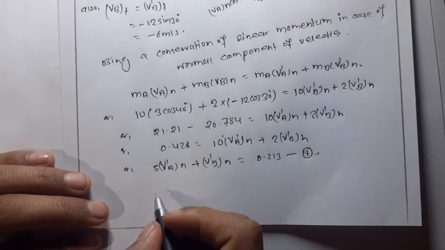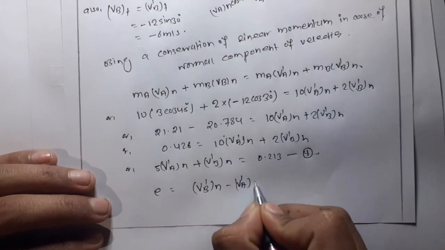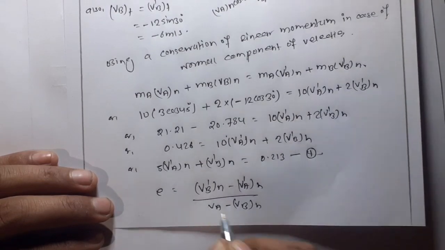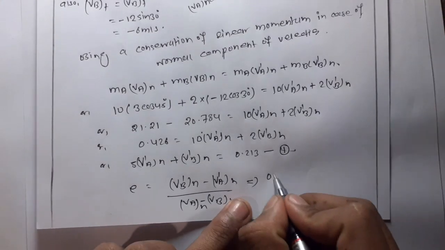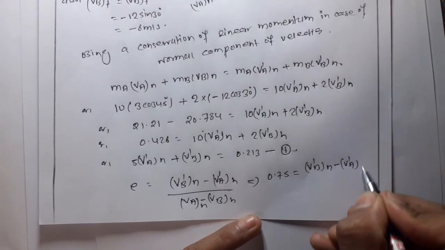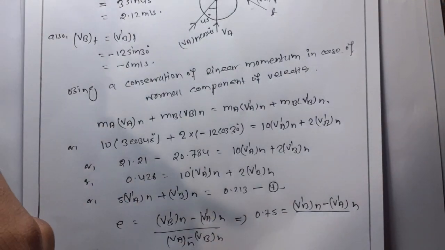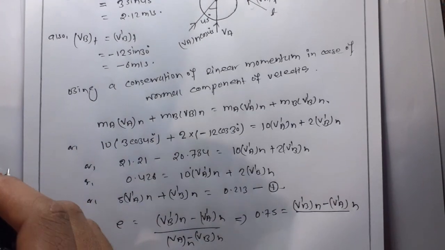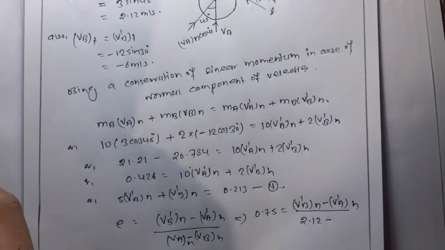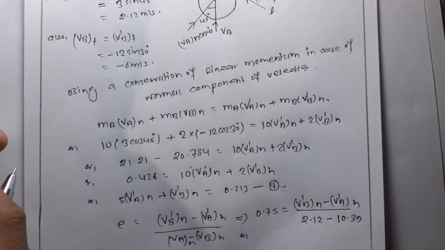Now the coefficient of restitution e is equal to, we know, (v'Bn minus v'An) upon (vAn minus vBn). So e, 0.75, is equal to (v'Bn minus v'An) upon vAn, which is 3 cos 45, so this is 2.12, minus vBn, which is 12 cos 30, so this is 10.39, or this is minus 2.12 into 0.75.